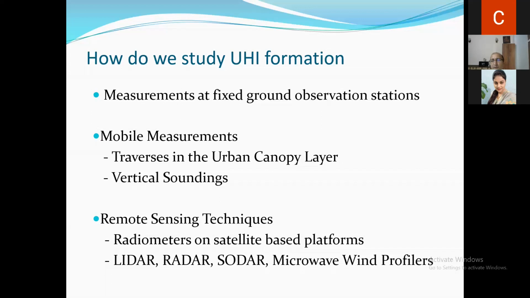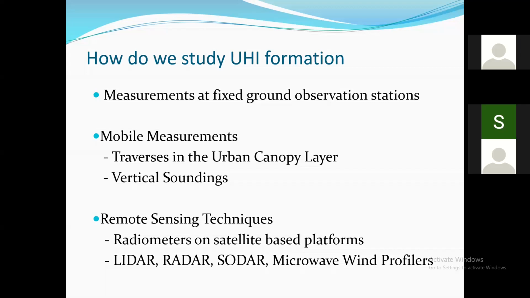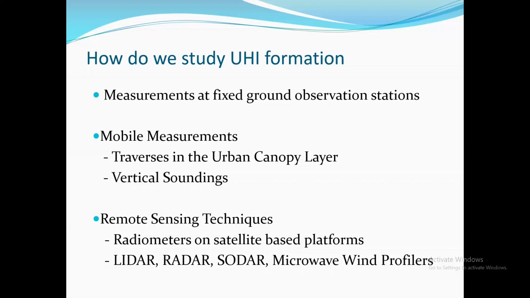Now, the temperature of these 2 places may be very different because of the change in the land use pattern. So there may be microclimatic variations also. But these meteorological stations, which are fixed in nature, will not give you information about the spatial variations, how the microclimate of one place in a city is different from another place in the city.